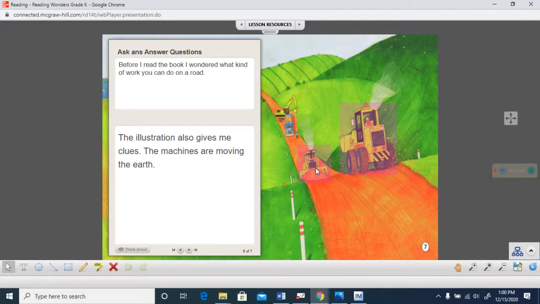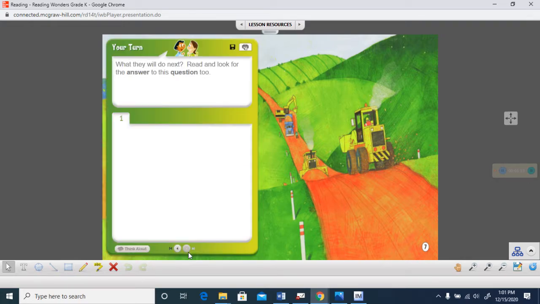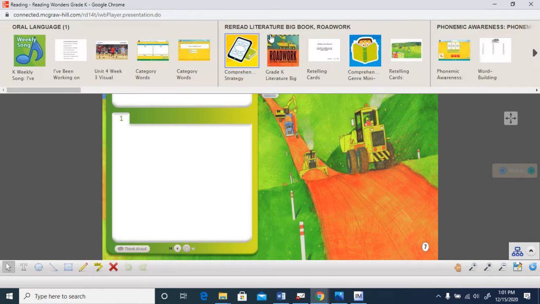We have a dozer, and we have this machine here, and they are both helping to move the earth. And so now I might wonder, well, after they move the earth and make a path, how does that become a road? And so we can keep reading it to find out.